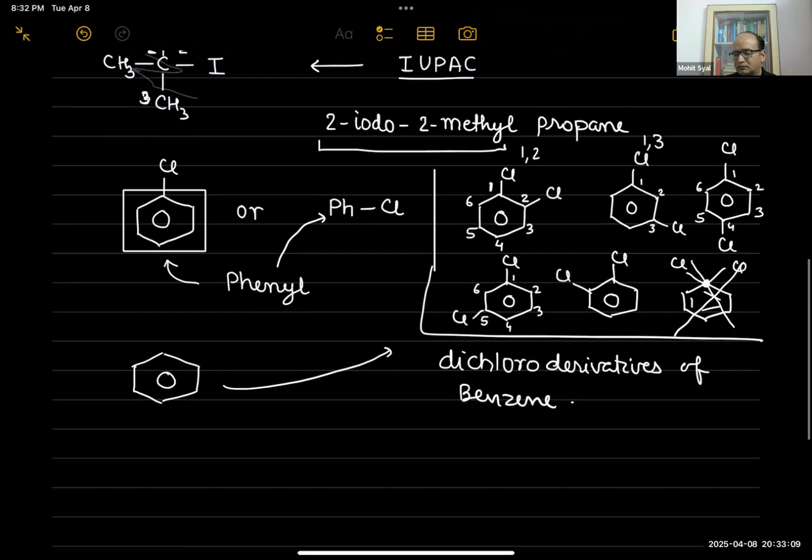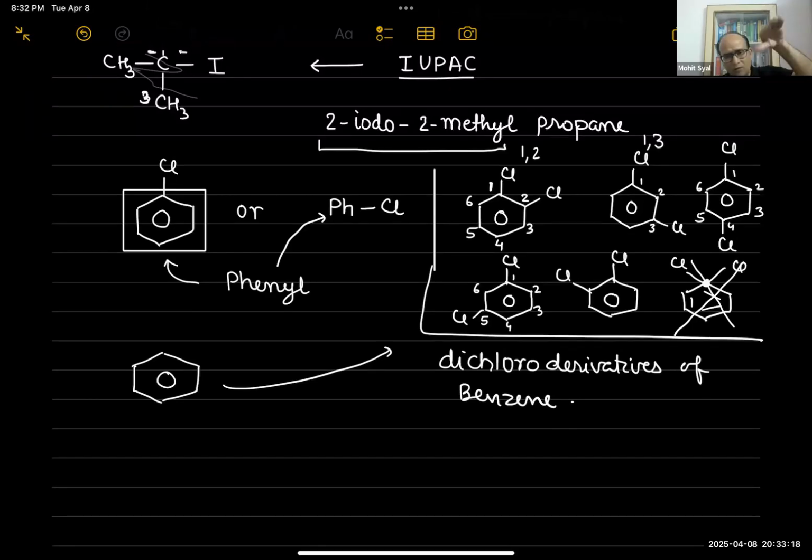No, sir. I'm not doing it in the right way because I'm choosing a longer path. This is 1,3 only. Got it? This is the same as that of 1,3, because I will do the numbering this way, 1, 2, and 3.